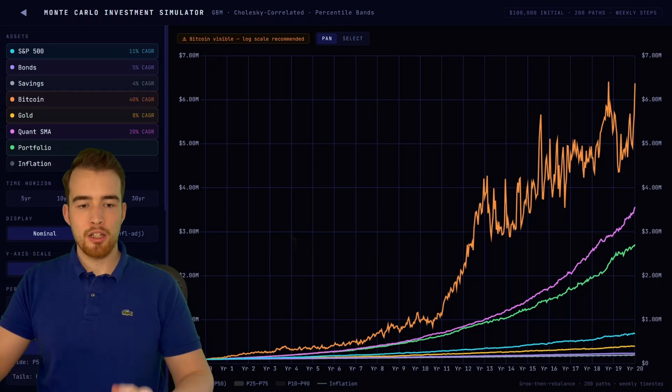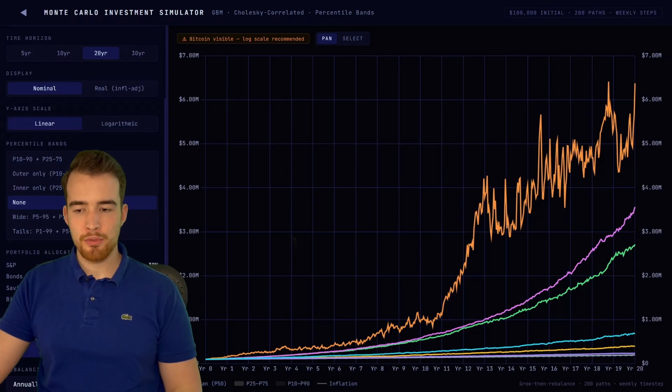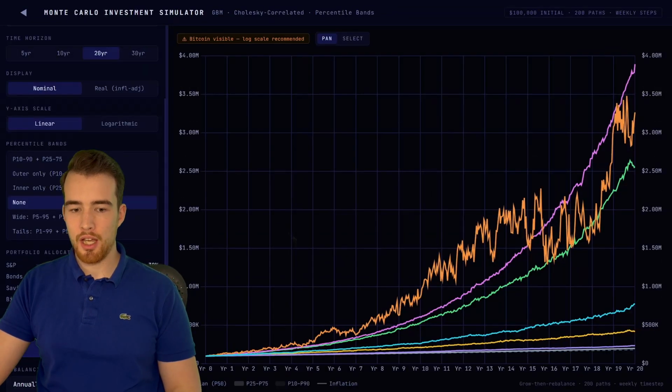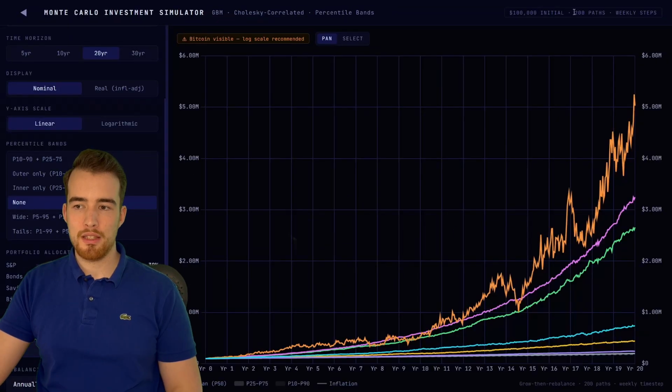And if we click on the run simulation button a few more times, we see that there's different outcomes each time because we basically simulate 200 of these paths per investment. And then we take the middle of that, the median, which is less sensitive to extreme outcomes like the mean, which is more sensitive to those.